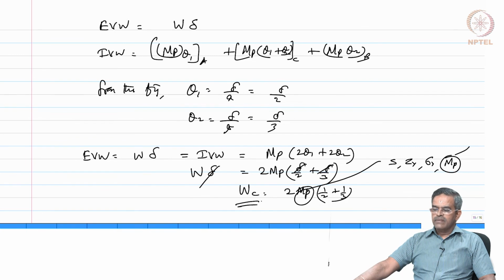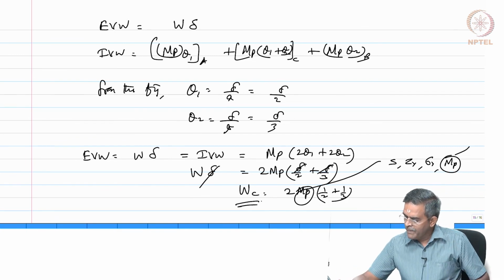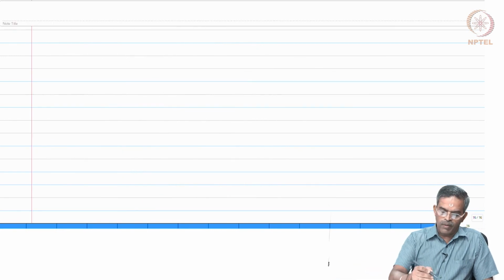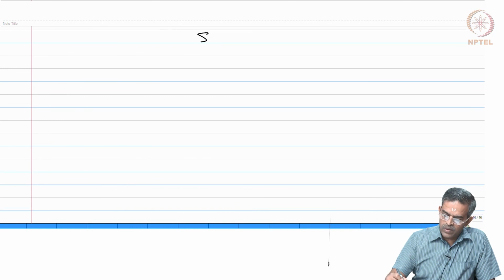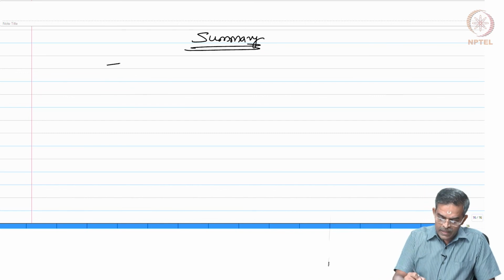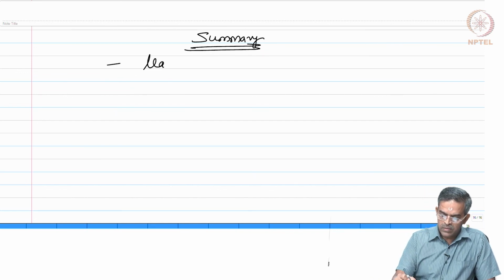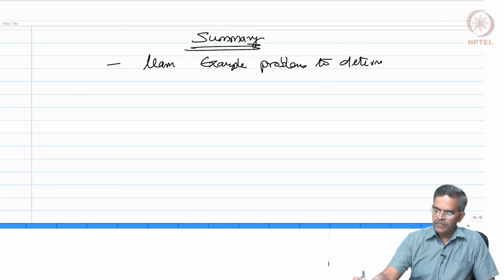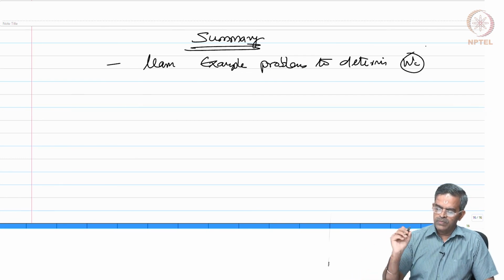We will do a couple of more problems later. So, let us write down the summary of what we learned from this lecture. This lecture helped us to learn example problems to determine the collapse load.